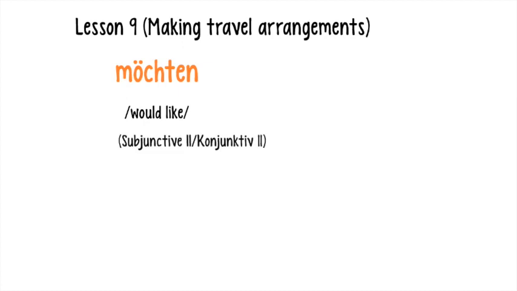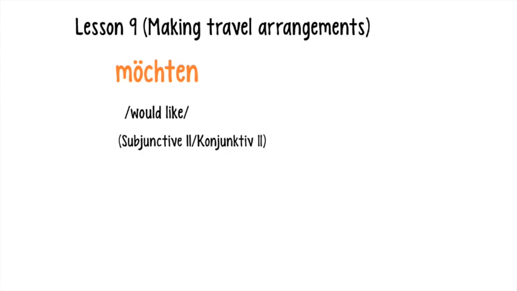Now let's have a look at another verb which you learned in lesson 9, making travel arrangements. Möchten, which can be translated as would like. Möchten is also a modal verb, but compared to the verb können, which can be conjugated in the present tense, this verb is conjugated in the subjunctive 2, in German, Konjunktiv 2.